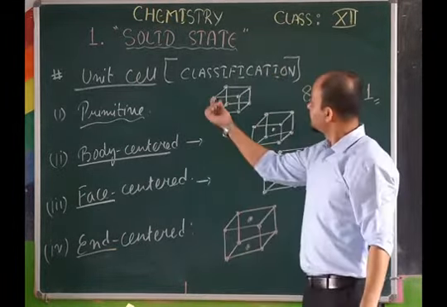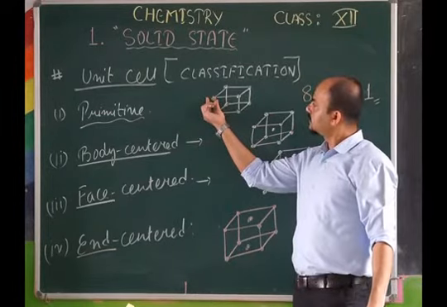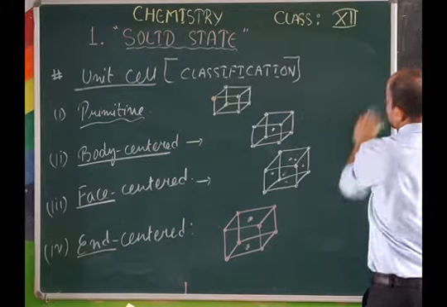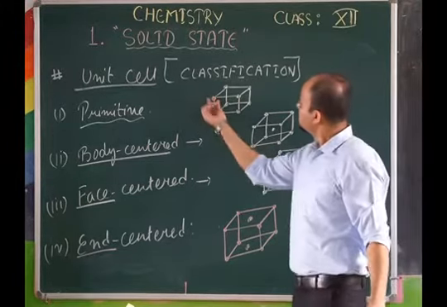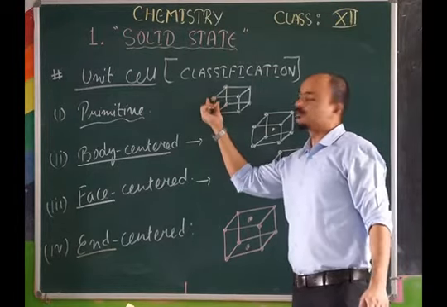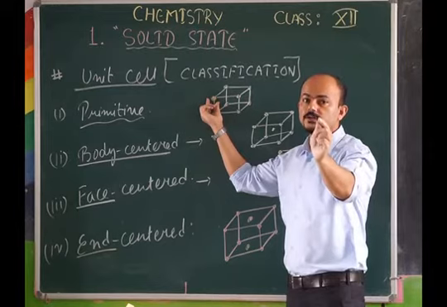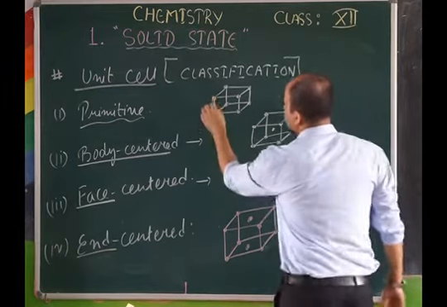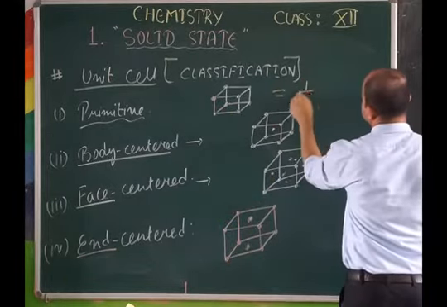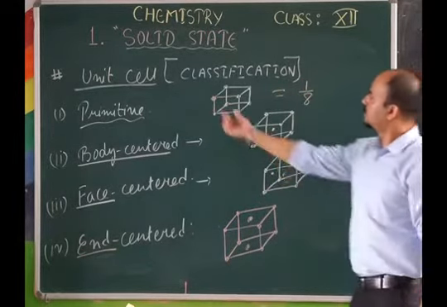Since this particular atom is shared by how many cubes? 8 cubes. So I'm talking about one particular atom, then its contribution to one particular unit cell is how much? 1 by 8. Yes or no? 1 by 8.